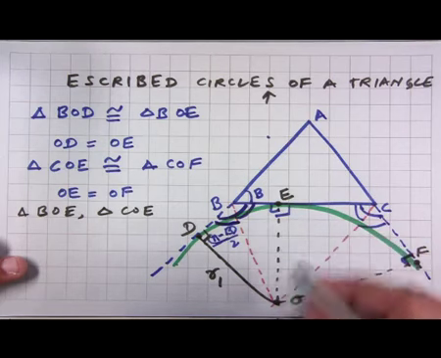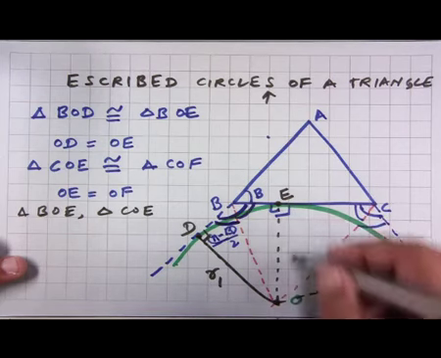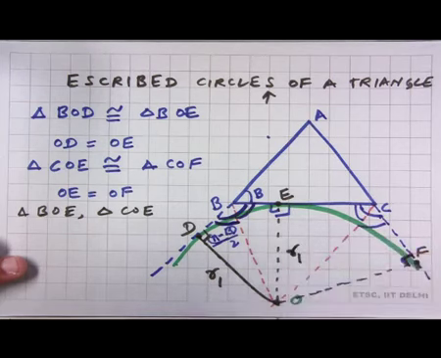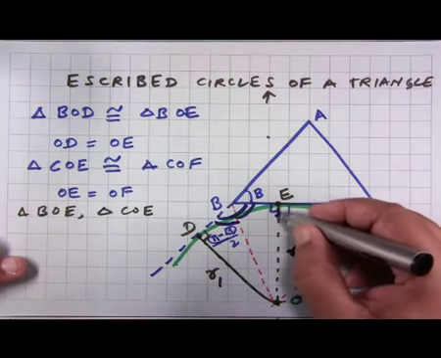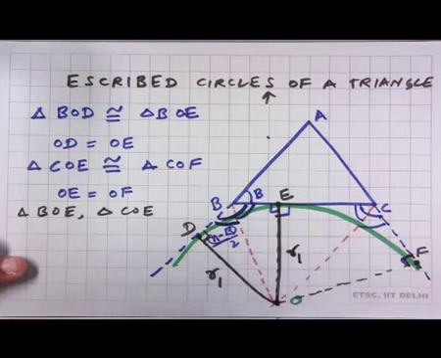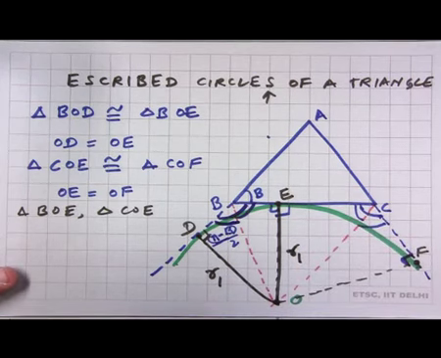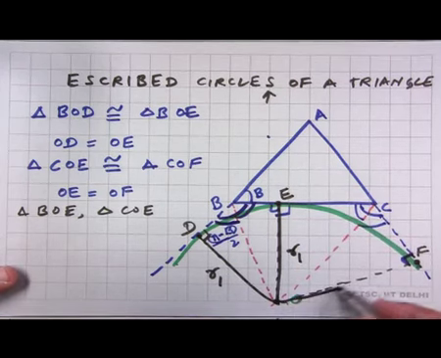We know that this OE is also the radius of the escribed circle opposite to angle A, and therefore, this length is R1, and in fact, this also is R1.